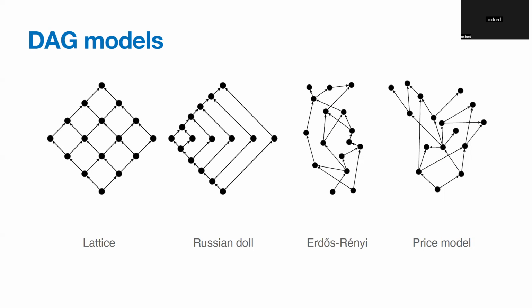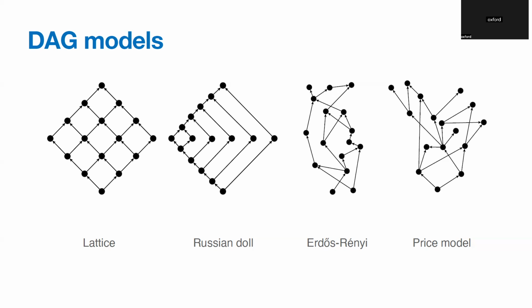And these are all tractable analytically. In terms of more network models, we looked at heterophily DAGs, where you create a heterophily graph first, and then you assign a time to each node, and that gives you the direction of the edge between two nodes.